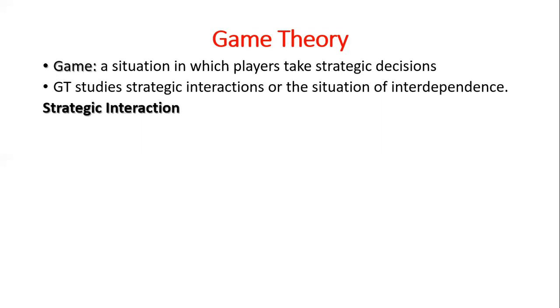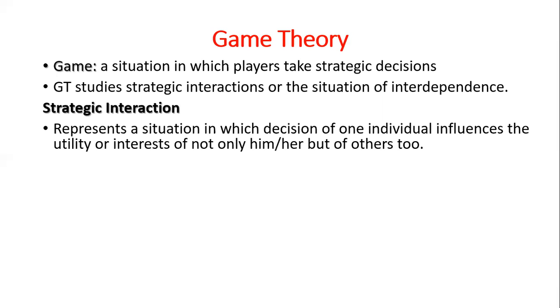So, in other words, strategic interaction or interdependence represents a situation which involves externalities. That is, the decision of one person not only influences his or her own utility, profit, loss, etc., but also influences the utility, interest, or profit or loss of others.